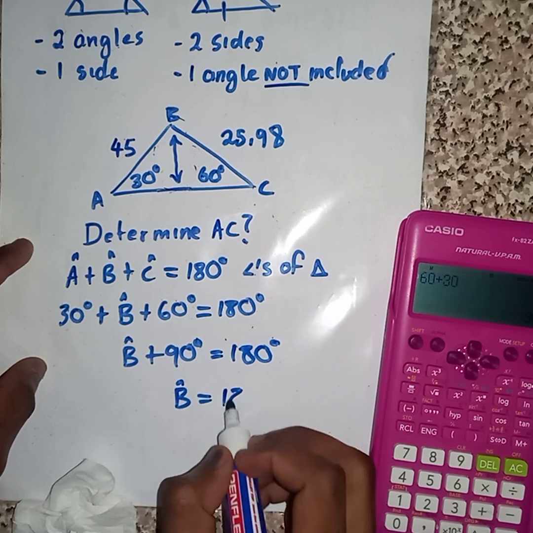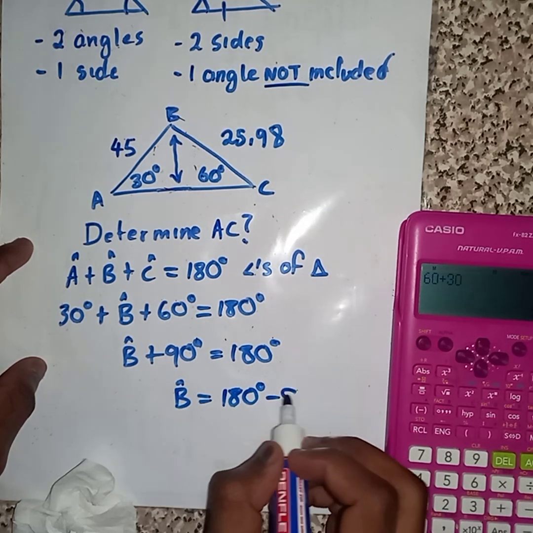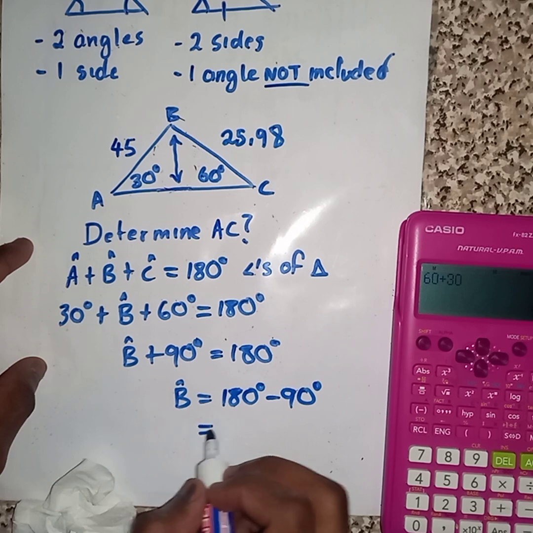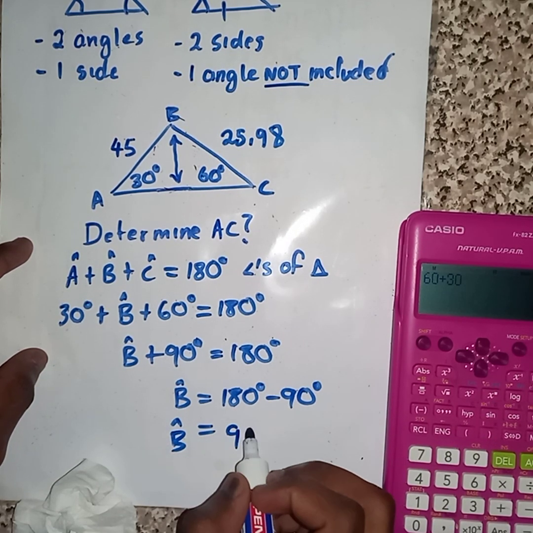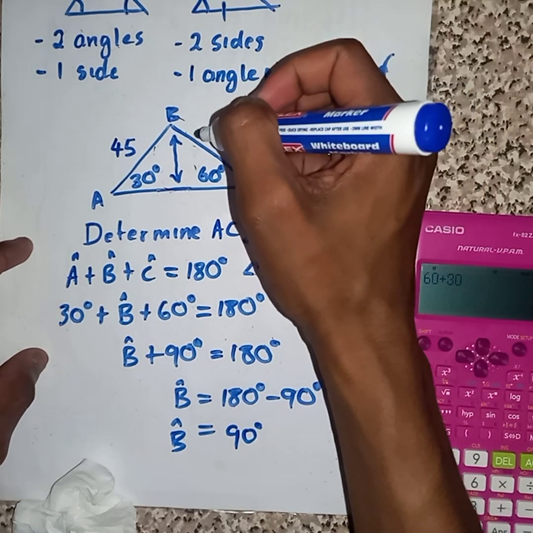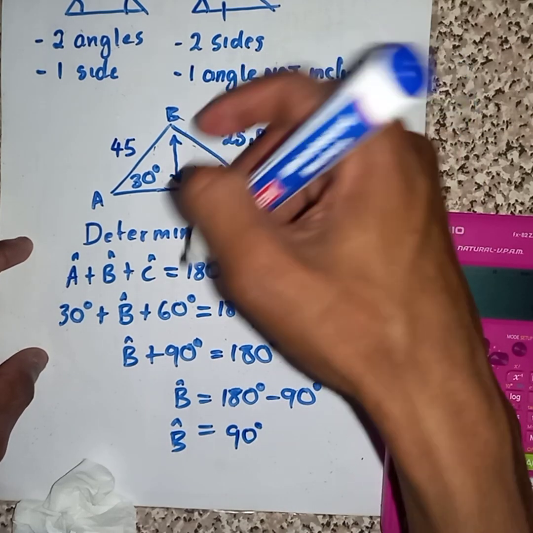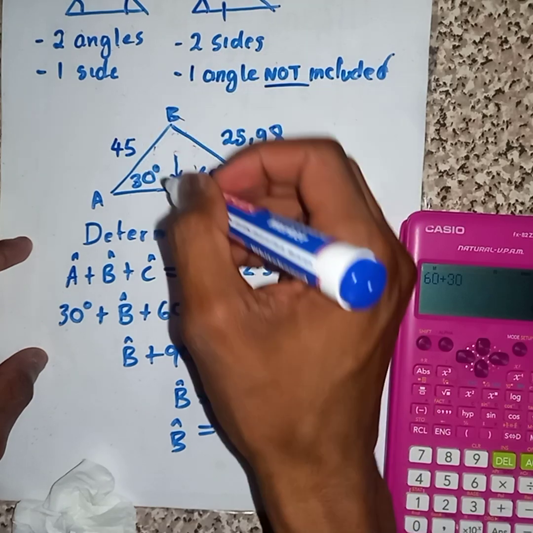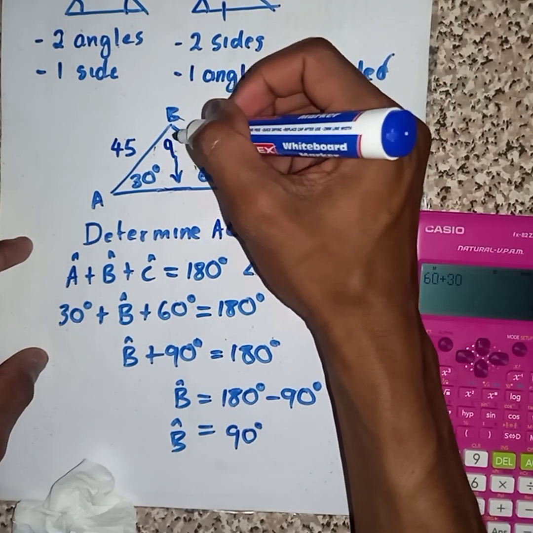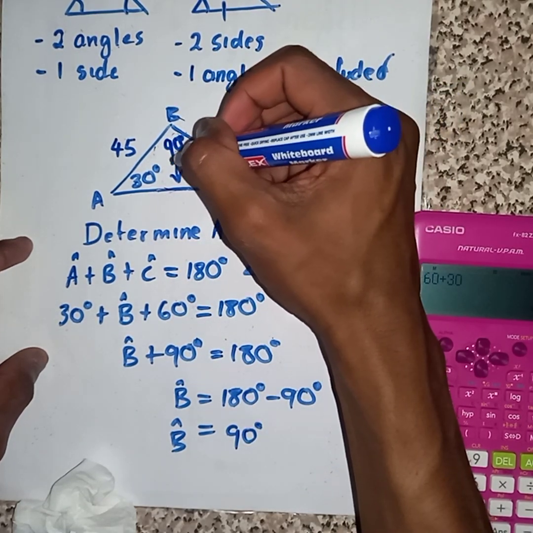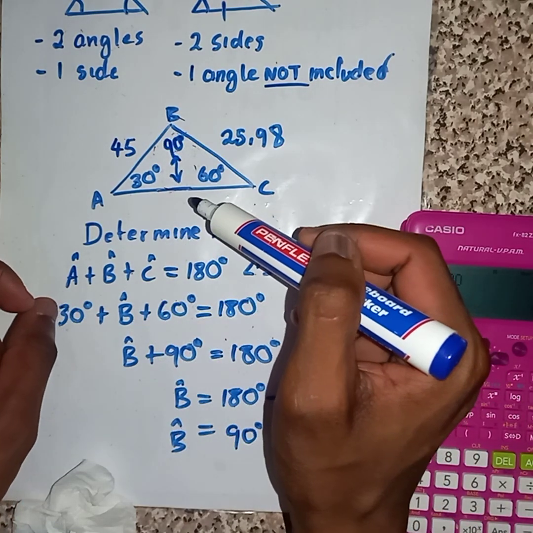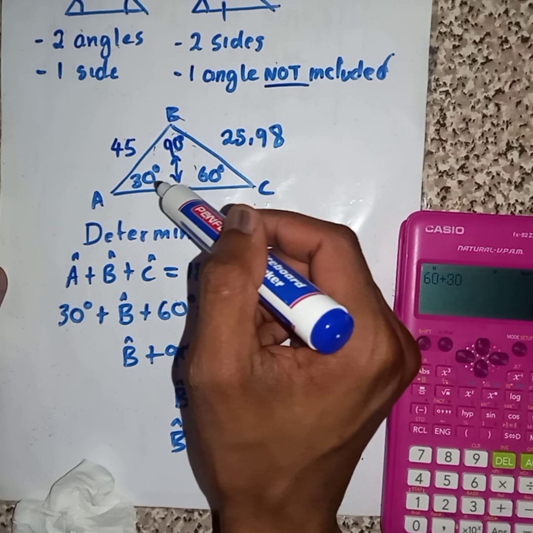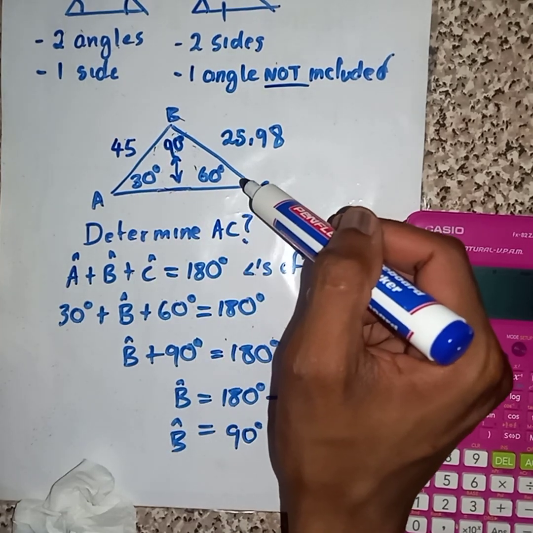It's going to be 180 minus 90 degrees. Then your final answer for B is going to be 90 degrees. Now we have angle B, we also have angle A and C.